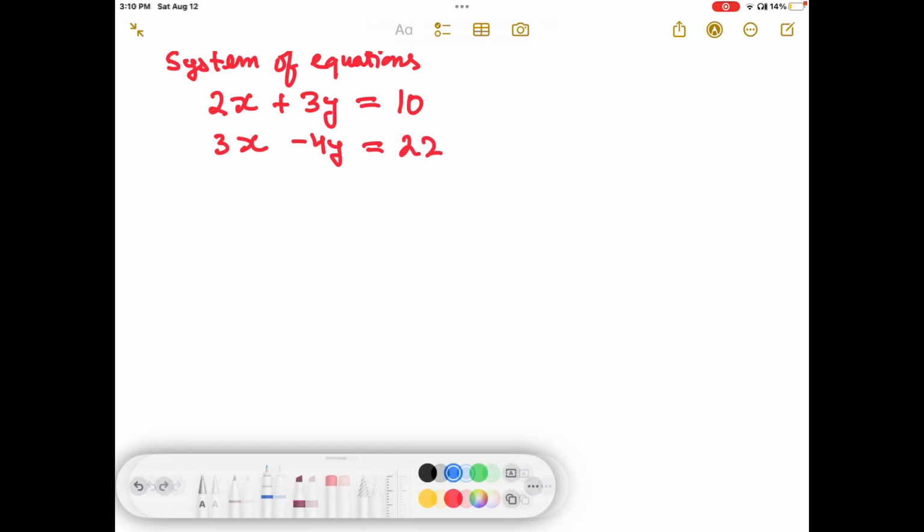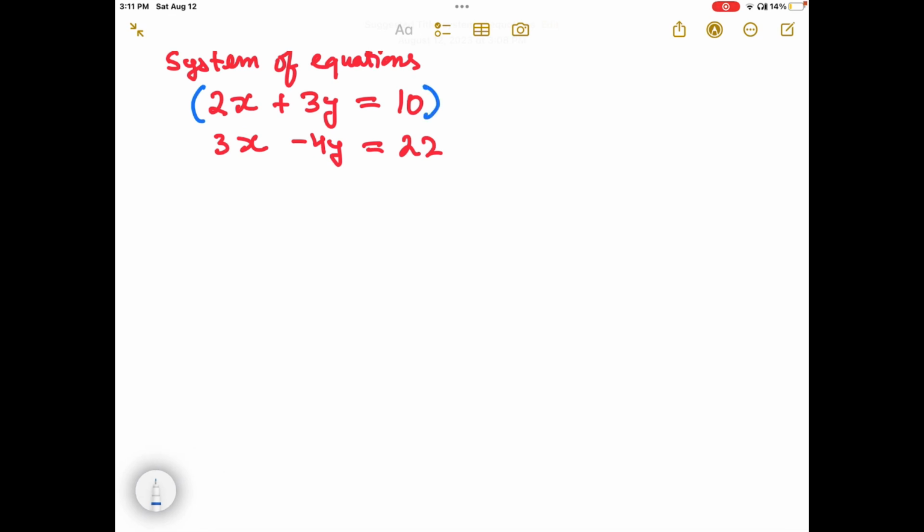Or let's find a number which we can multiply to make the coefficient of y the same in both equations. So what we can do here is multiply the first equation by 4. You can see this is 3 and this is 4. So if we multiply this equation by 4 and this equation by 3, then the coefficients will be the same.